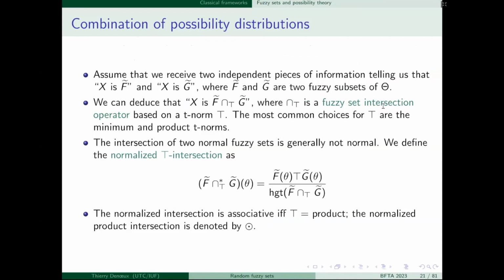This operator is associative if and only if the triangular norm is the product. If you take the minimum, it's not associative. So we do want this associativity property. So from now on, we will take the product as an intersection operator, and we will denote it like this. This symbol denotes the normalized product intersection of fuzzy sets, or equivalently, the conjunctive combination of possibility distributions.